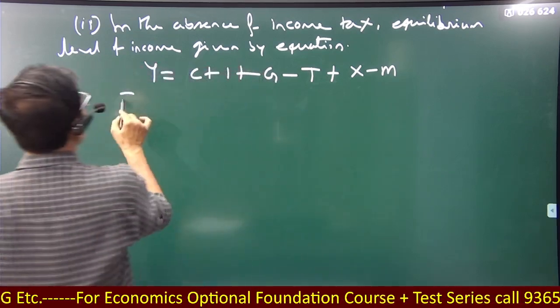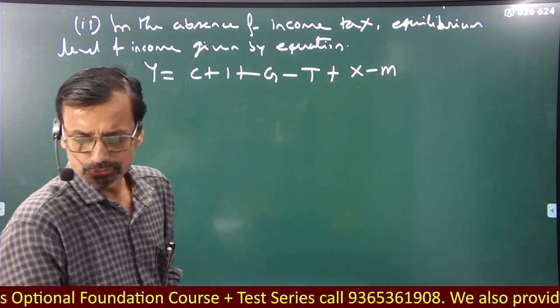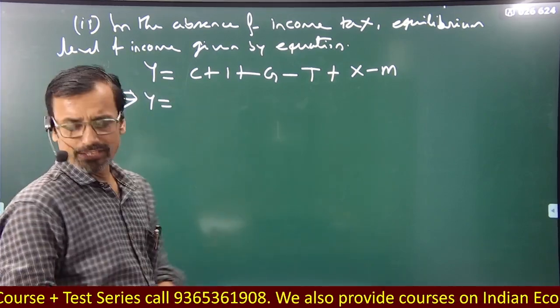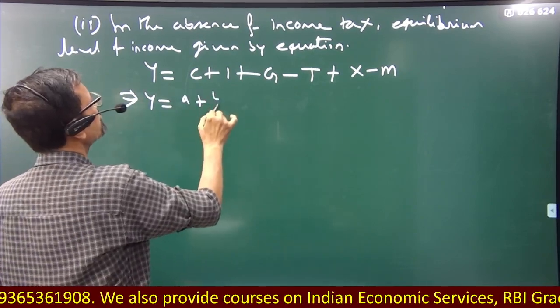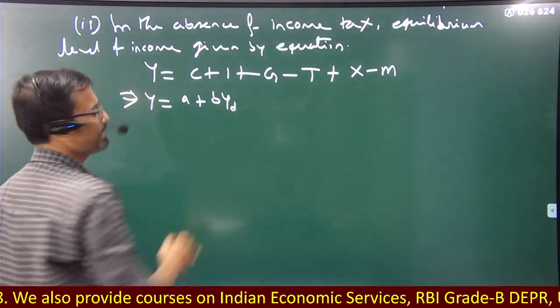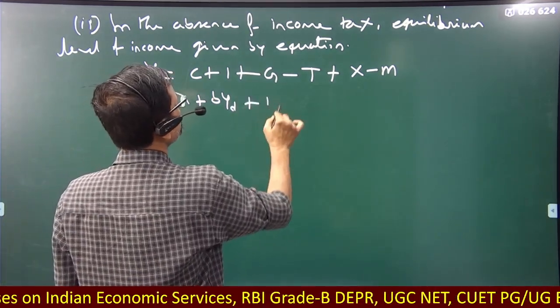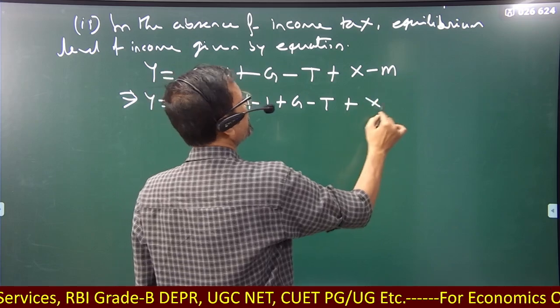So we need to restructure these equations formally. Again, Y in place of C, we can write A plus B times disposable income, plus investment plus government expenditure minus tax plus net export.